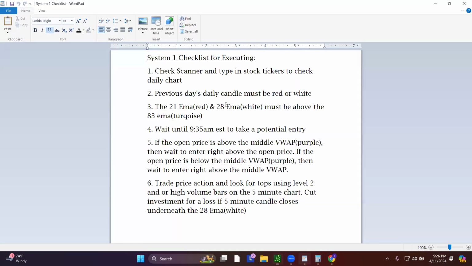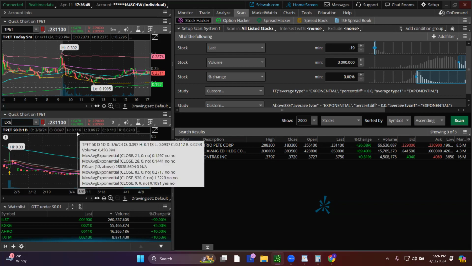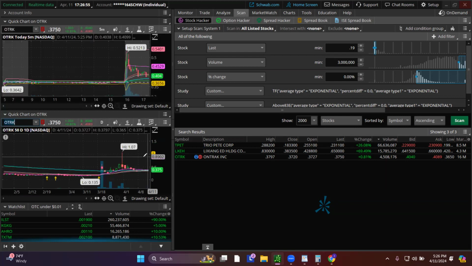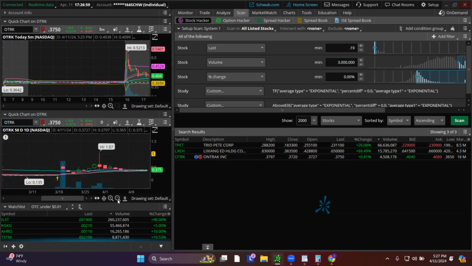So if I look at my checklist, previous day, the candle must be red or white. This previous day, this is current day. Previous day is not red or white, so it's not fit. And yesterday's daily candle was green, does not fit. And if you zoom in, yesterday's daily candle was green.